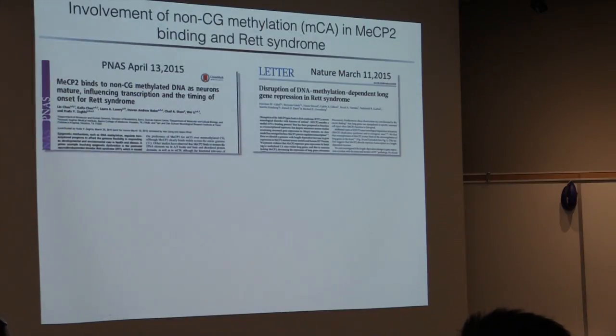So one possible way that this happens was discovered by two labs. There are two papers, one by Huda Zoghbi's lab and one by Michael Greenberg's lab. Both have been studying this protein, which by definition is a CG binding protein, called Rett protein. It's MECP2.